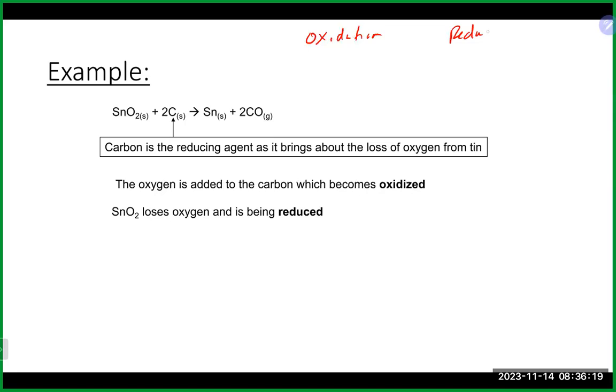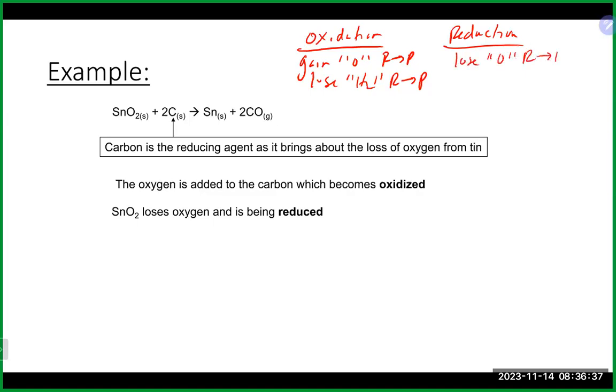And just a reminder, we can be gaining oxygen as we go from reactants to products, losing hydrogen from reactants to products, and basically reduction is the opposite, losing oxygen from reactants to products, and gaining hydrogen.